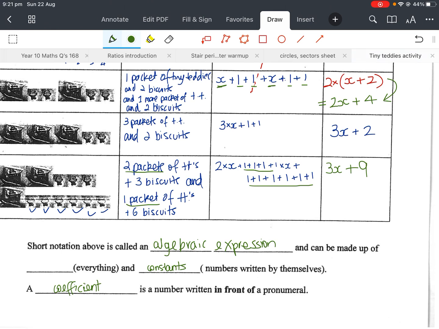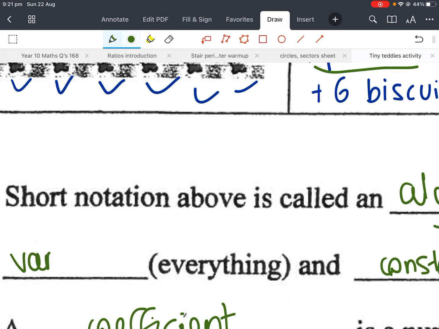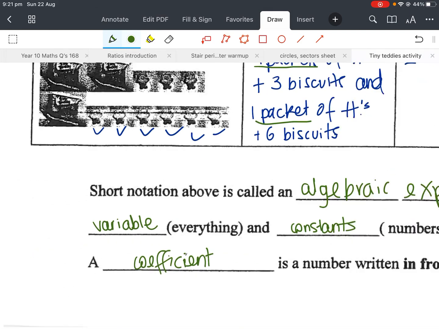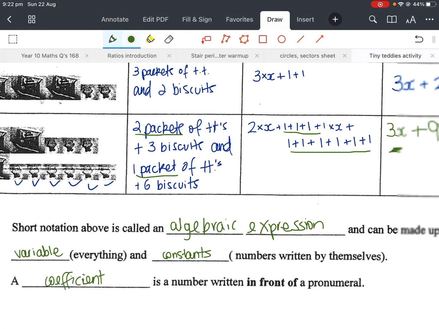Well, I know numbers written by themselves are called constants, and I know the number written in front of a pronumeral, like the 3 in front of that x, that's called a coefficient, and I'm assuming that everything probably stands for the letter that's got the number with it, and we know that up the top is called a variable, don't we? All right, so let's try that.